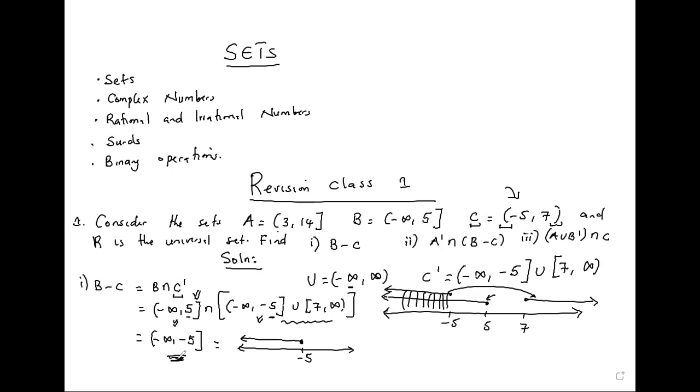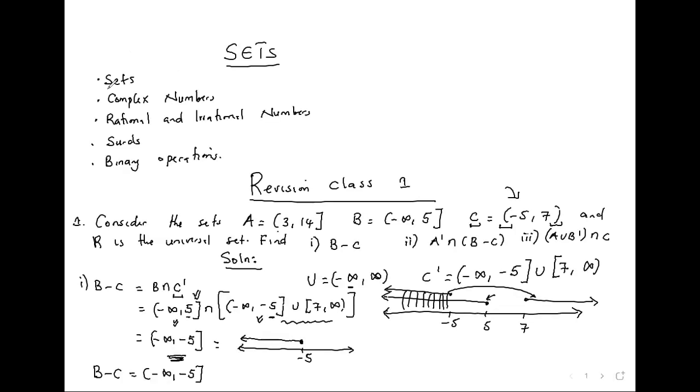Okay, we got the next one. The next one is A complement intersection B minus C. Now B minus C has been found here as -infinity to -5. Now we want to get A complement intersection B minus C. So we'll start with what A is.